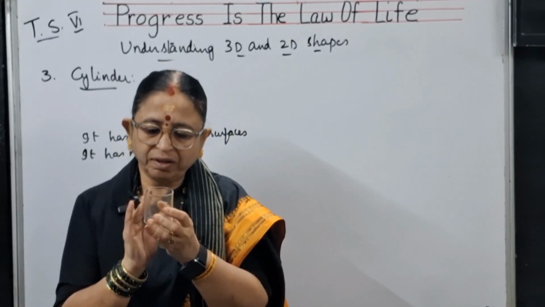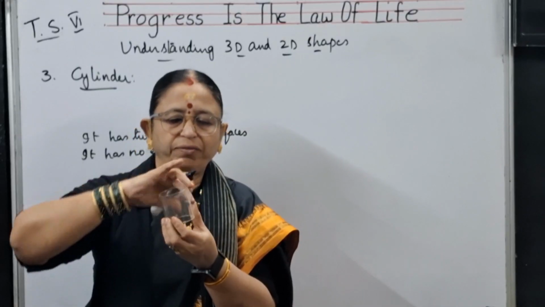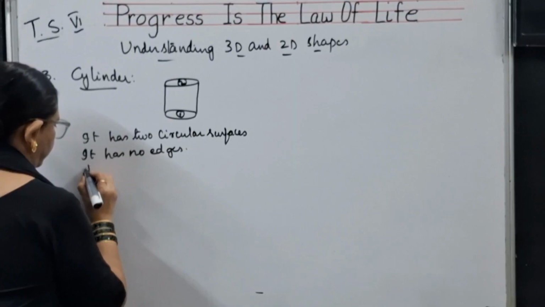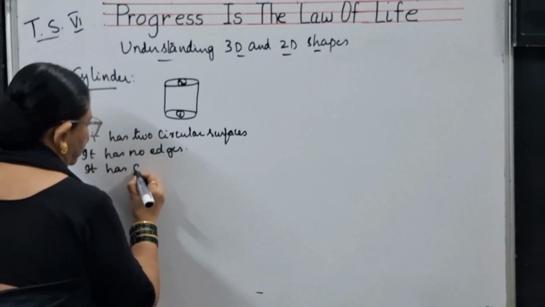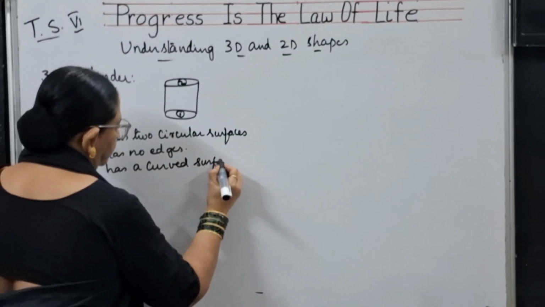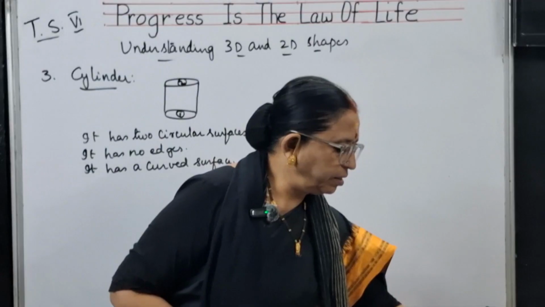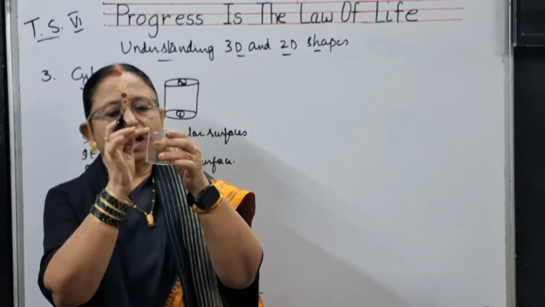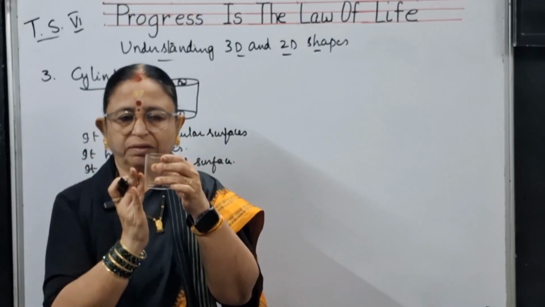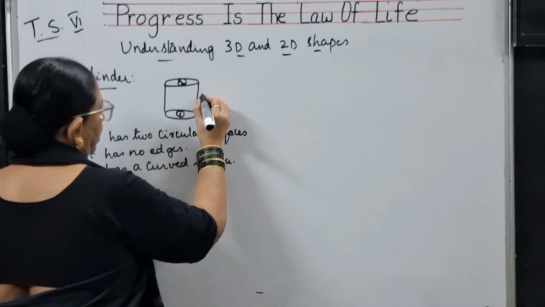But what does it have? It has a curved surface. This surface is called the curved surface, and this we call the height of the cylinder. From here to here, this distance you can measure with a scale. So we consider this as height.